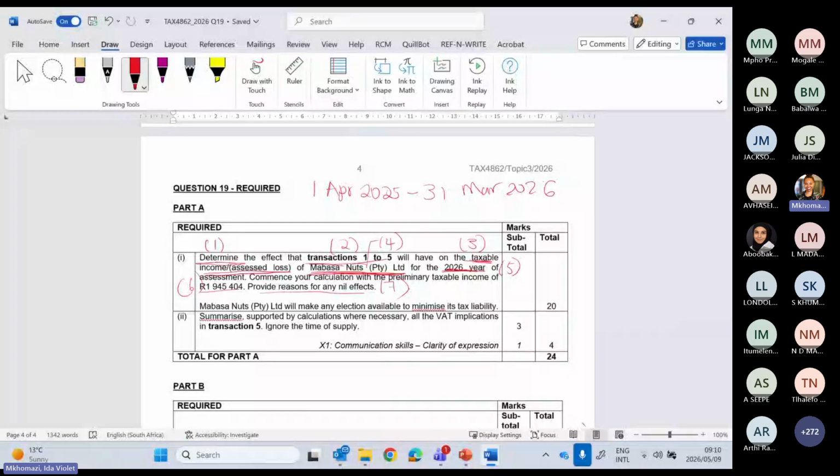So if the required says, give us references to legislation, one thing that you need to remember as well is that it has to be 100% correct. What I mean is, for instance, if we want you to reference the general deduction formula, then you need to say section 11A. Do not just say section 11 because section 11 is broad. You won't get any mark.